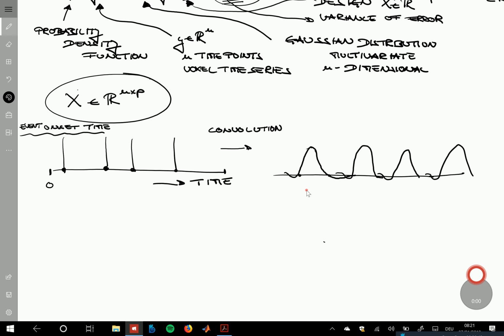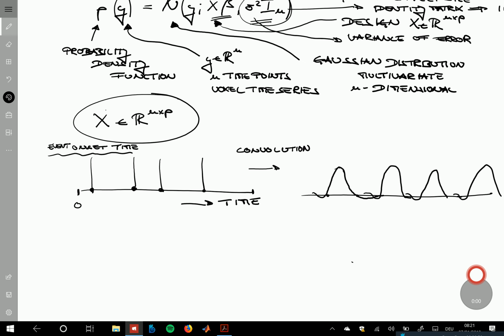And then today, I want to talk more about this process here, this convolution process. You might remember, and I hope you do remember, because there will be an oral exam on this soonish, that we also discussed the BOLD signal or the MR signal as a linear time invariant system in our introduction to fMRI.